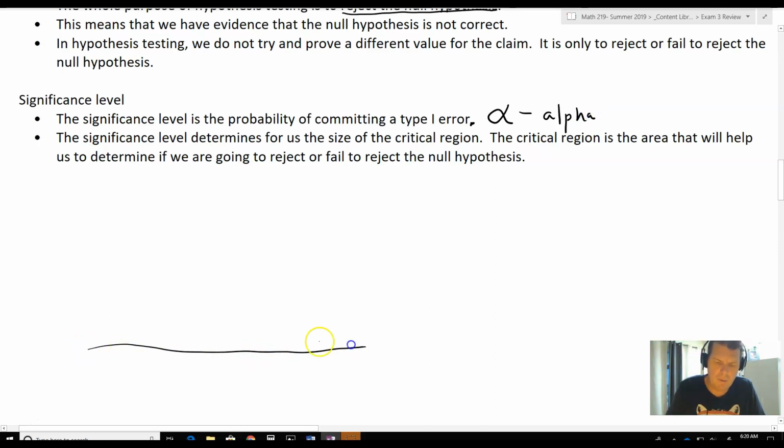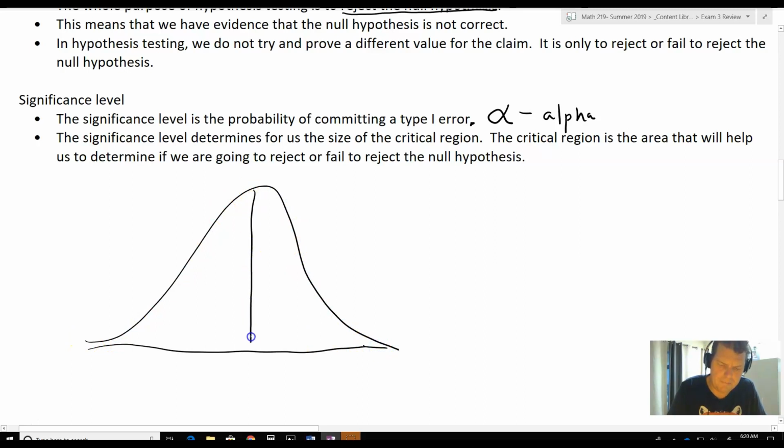So now, when I look at my distribution, okay, and I've selected that I have a tail, say for example it's mu greater than some value for the parameter, and I'm told that alpha equals 0.05, the size of that region is 0.05. That's how big this region is.